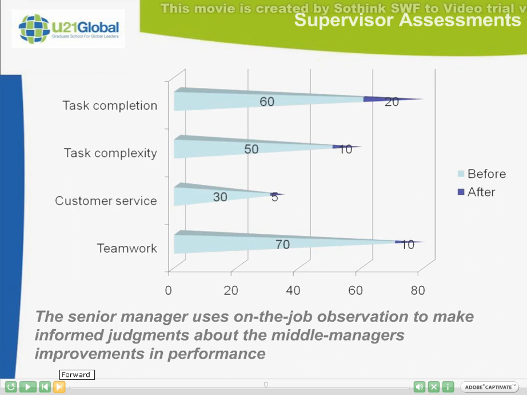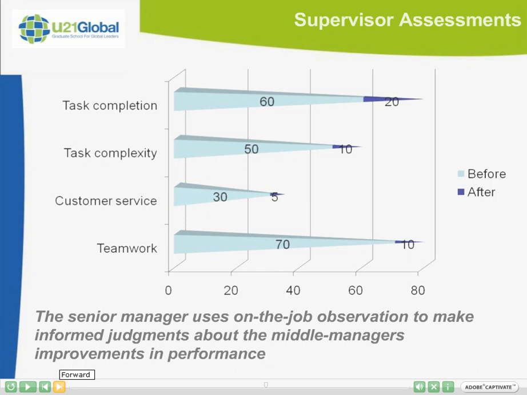In the case of task completion, the ability to complete more tasks, the supervisor has given the middle manager an improvement of 20%. In terms of handling more complex tasks, the improvement is only 10%. In the case of being more customer oriented, the improvement is relatively small, only 5%.